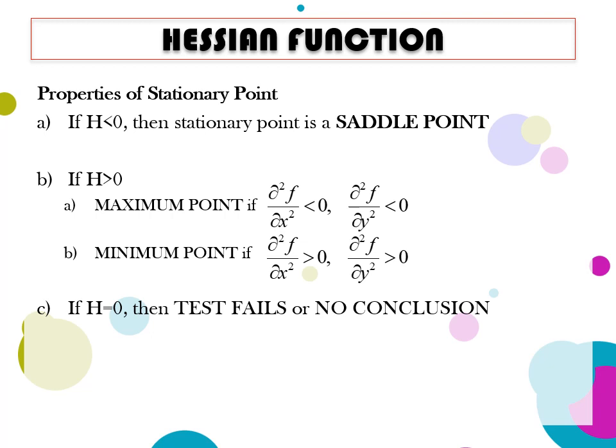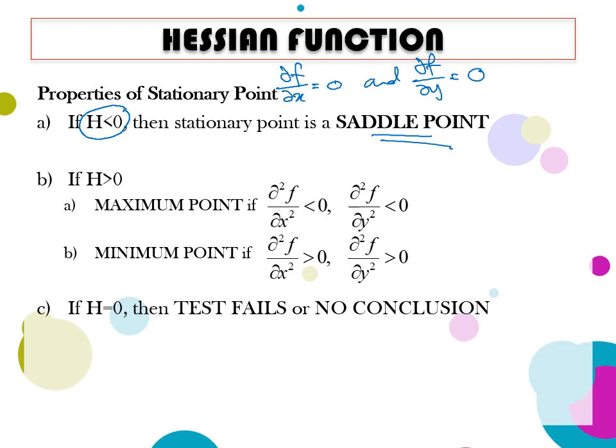If the Hessian is less than 0, then the stationary point that you got from setting del f del x equal to 0 and del f del y equal to 0 is called a saddle point.